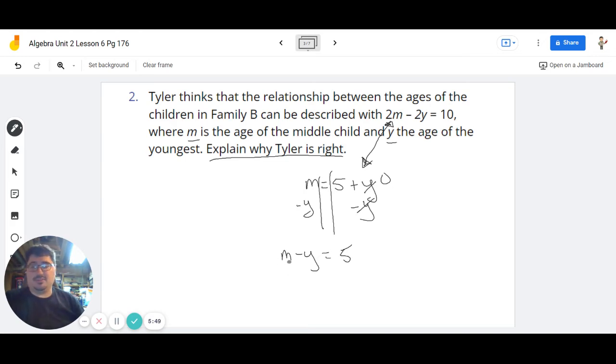So that means we just multiplied everything by 2, right? What we do to one side, we have to do to the other side equally. So 2m minus 2y still equals 10. So why? Because we can apply opposite operations.